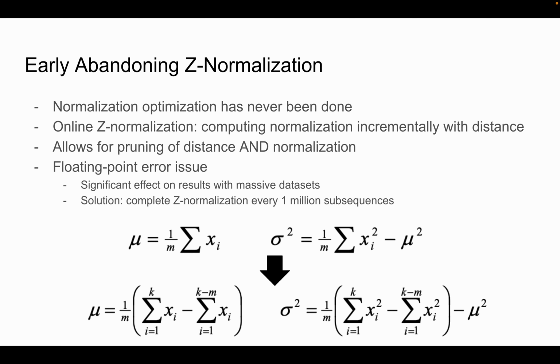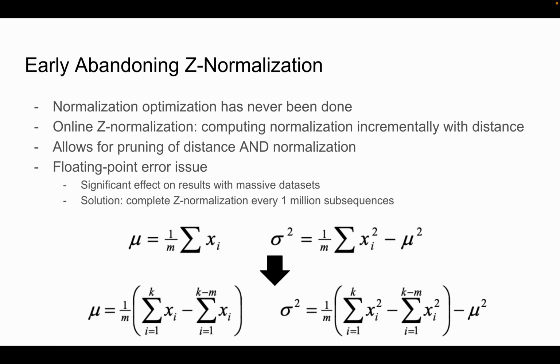In the UCR suite, the first optimization is on normalization. The z-normalization gets computed incrementally with Euclidean distance. This allows for pruning of both normalization and distance calculations, because if early abandoning happens, there is no need to compute the other later normalizations or Euclidean distance calculations.